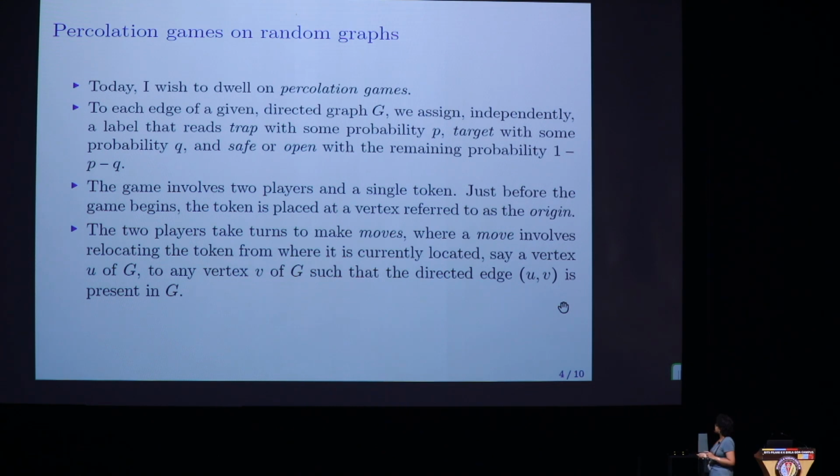So if the token is at some vertex U of the graph G, whichever player's turn it is to make a move can move the token from U to any of the vertices V in G such that the directed edge UV is in G, okay? So there is an edge that leads from U towards V. And this from U towards V, this notion comes from the directed nature of the graph.